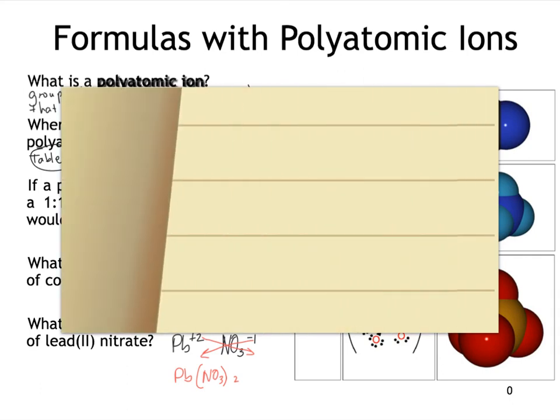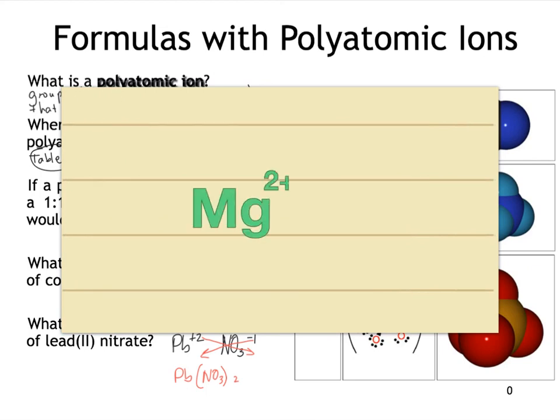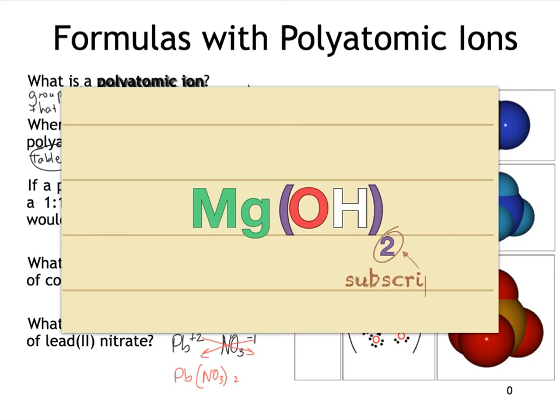Now, for our second example, let's write a magnesium ion and a hydroxide ion side by side. Let's crisscross these charges. The structure of the hydroxide ion is not changed when forming an ionic compound. For this example, we simply need 2 hydroxide ions to fully balance out the +2 charge of the magnesium ion. This is represented by placing the O and H in round brackets and the 2 as a subscript.